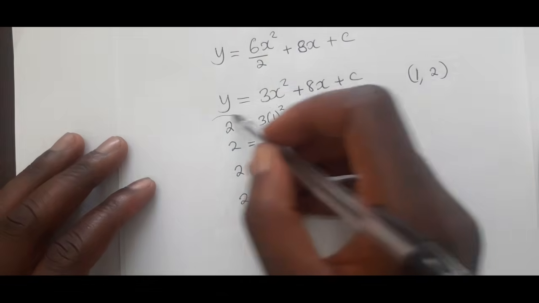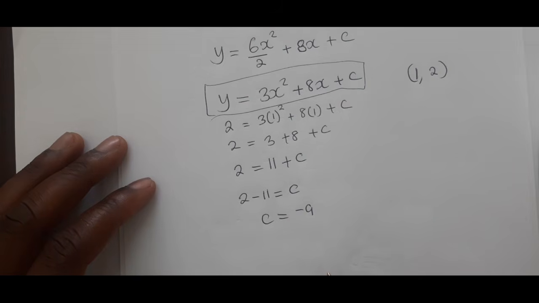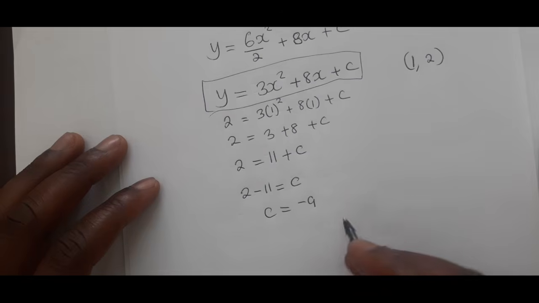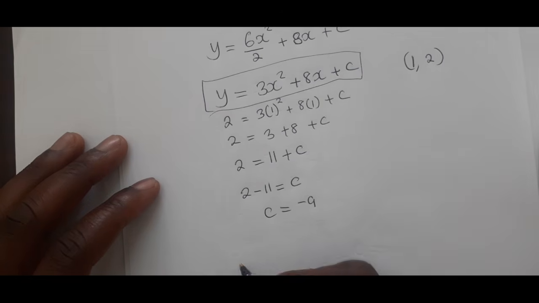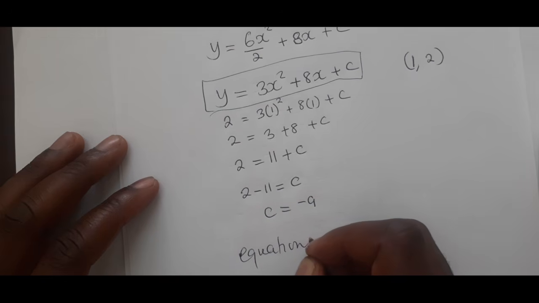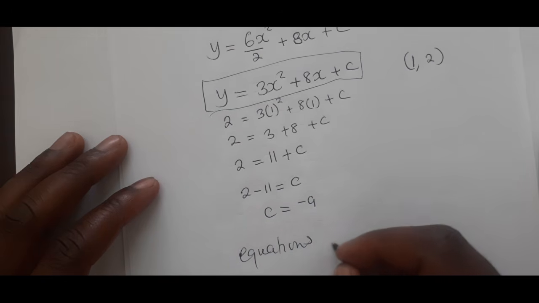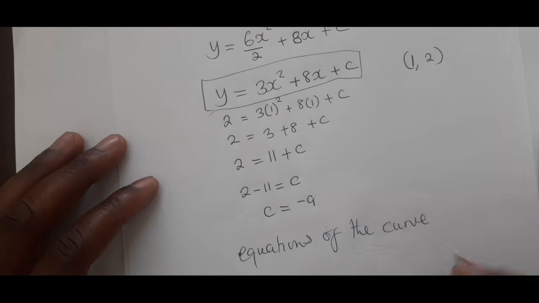So now, when we go back to this, because this is the equation that we want of the curve, except that we did not know what our c is. Now we write the equation of the curve.